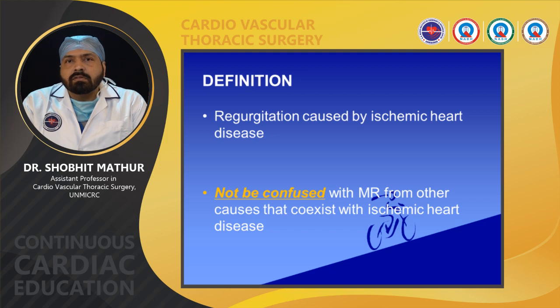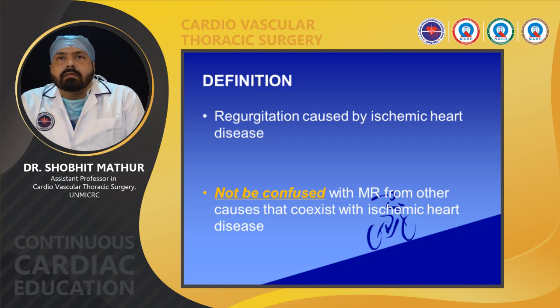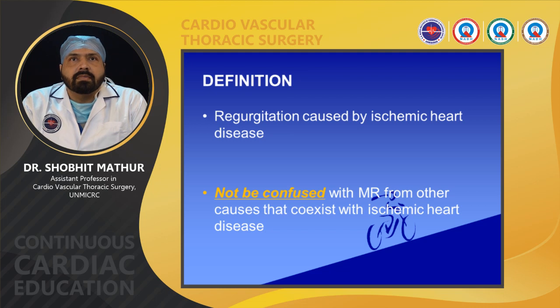The other common causes of MR in India are rheumatic MR, mitral valve prolapse, and myxomatous degeneration. They might coexist with ischemic heart disease, but they are not to be considered as ischemic MR while planning the treatment of the patient.